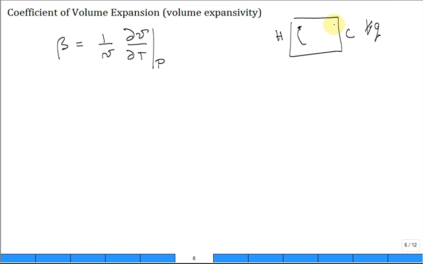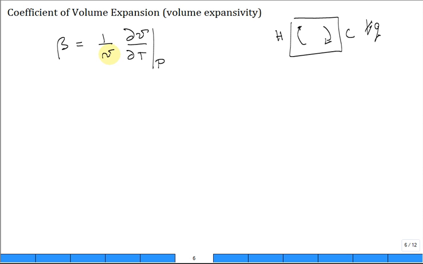And the cold will sink. Hot air rises, cold air sinks. And so the strength of the natural convection will be proportional to beta. It'll be a property that's used in a Rayleigh number or Grashof number to characterize the strength of natural convection. So this is the property, beta.